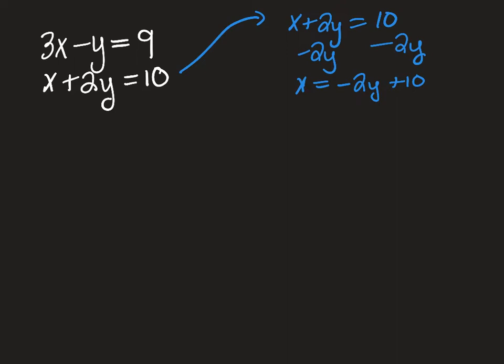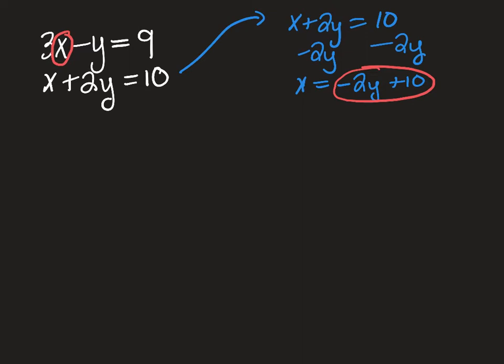You just have to pick one of the variables in one of the equations and solve for it. Okay, so now that we have that, we're going to take what x is equal to, and we're going to replace the x in our other equation with that. So you always have to use the equation that you didn't solve for already. You can't plug it back into itself.